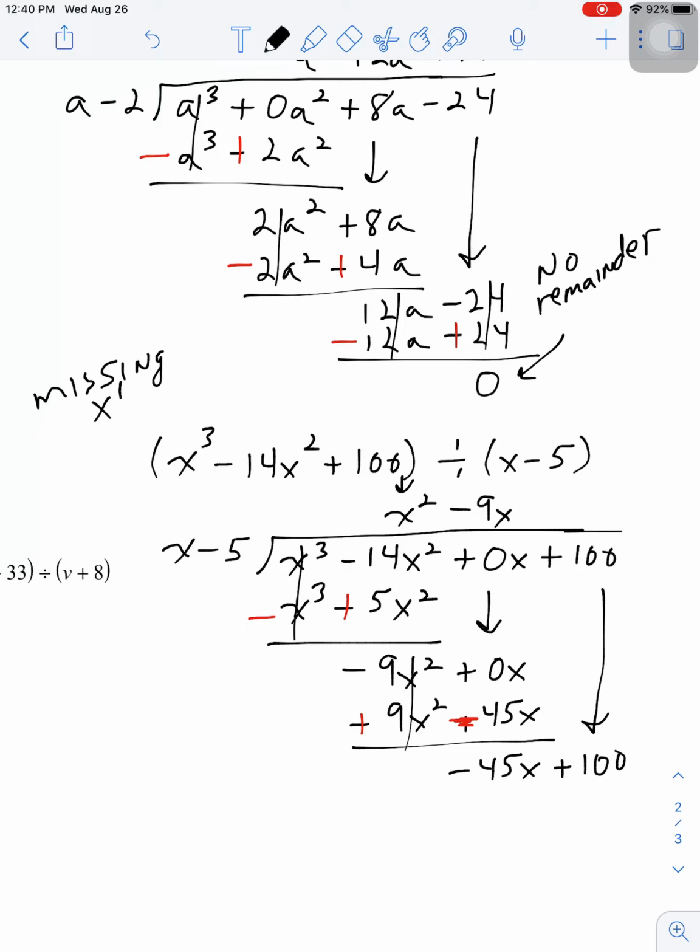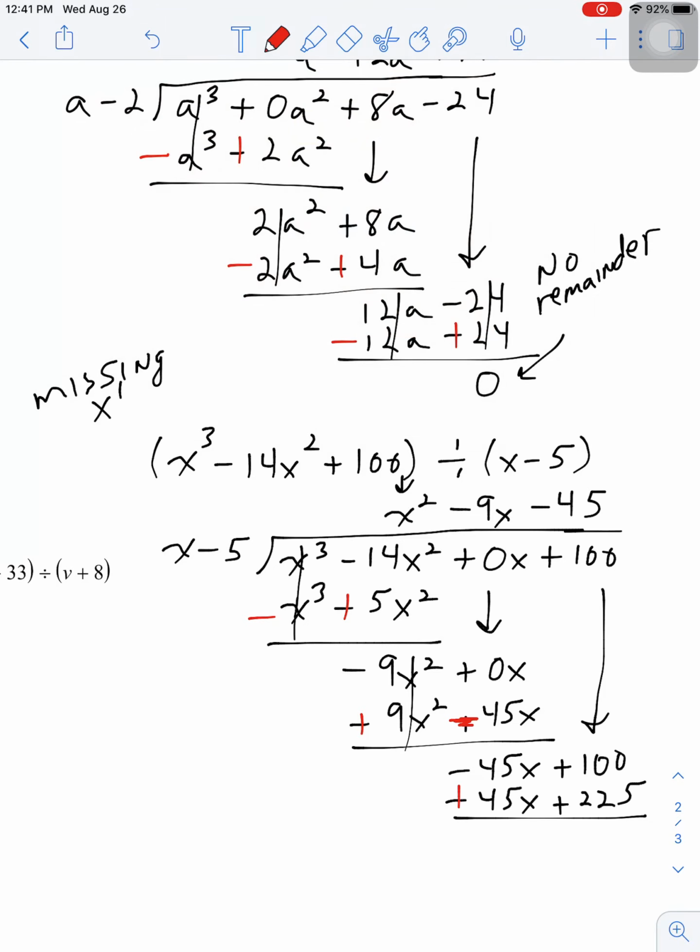Then what times x gives you a -45x? Well, a -45. So -45 times x gives you a -45x. A -45 times 5 is going to give you a +225.